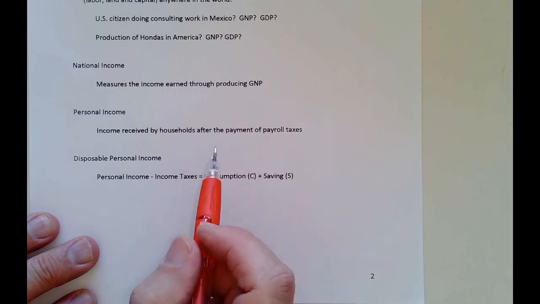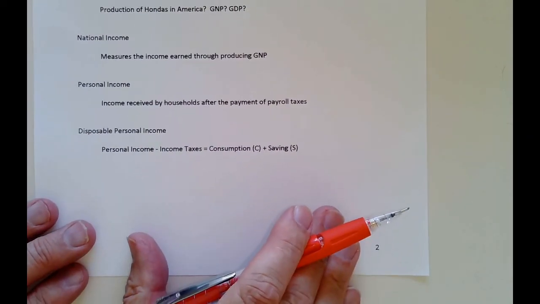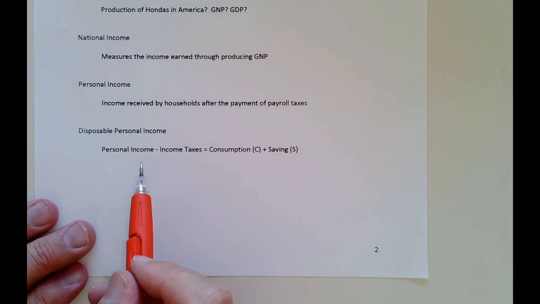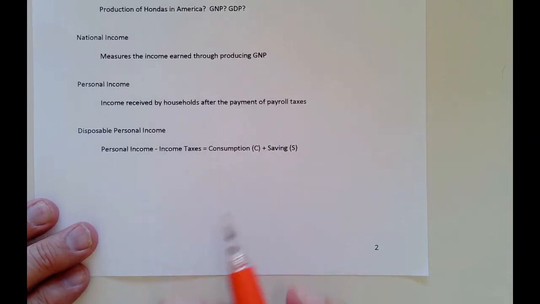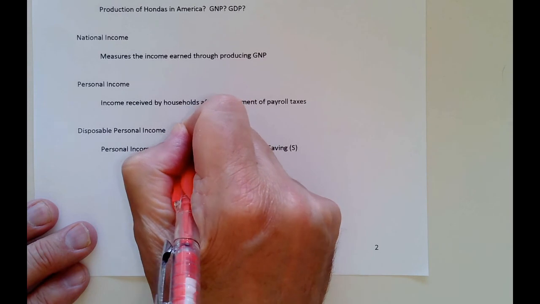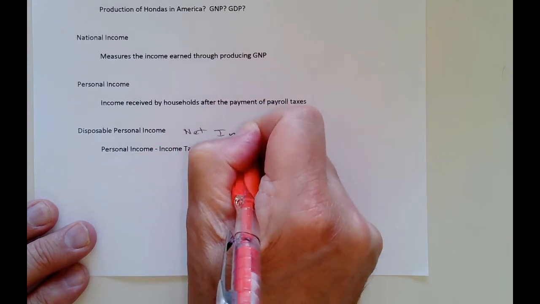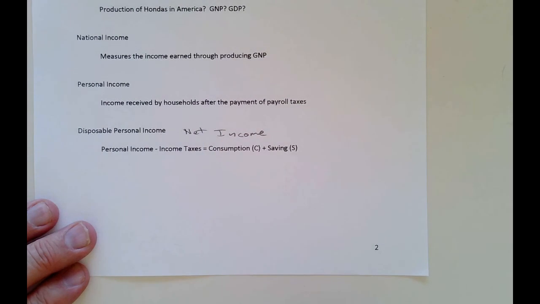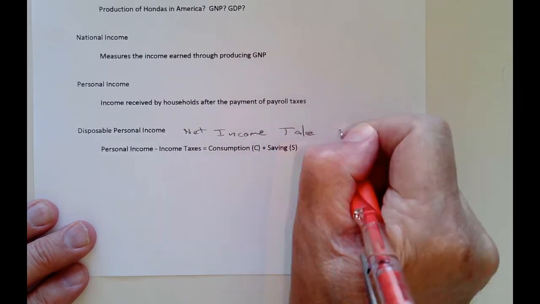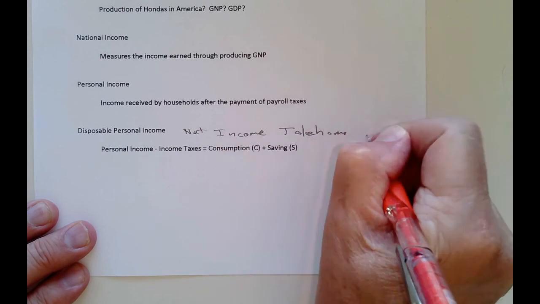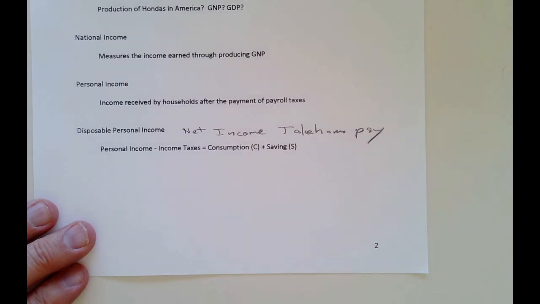And then the bottom line is your disposable personal income, and that represents your personal income minus your income taxes. So this right here is probably what you might want to call your net income. You might call it your net income, you might call it your take-home pay, you might call it your after-tax income.